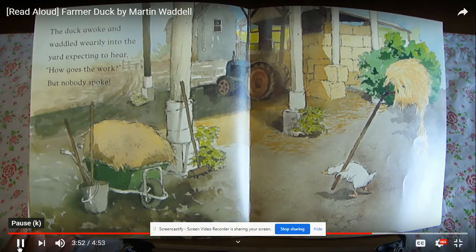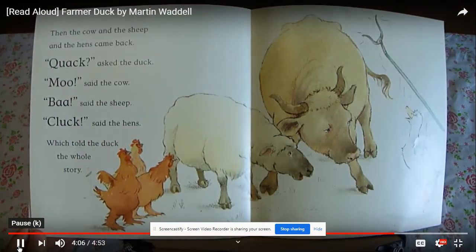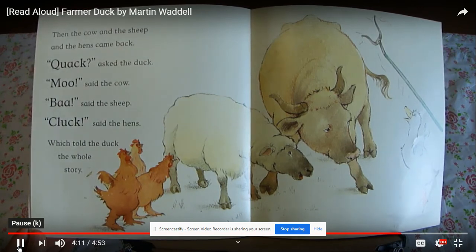The dog awoke and waddled wearily into the yard, expecting to hear, "How goes the work?" But nobody spoke. Then the cow and the sheep and the hens came back. "Quack," asked the duck. "Moo," said the cow.